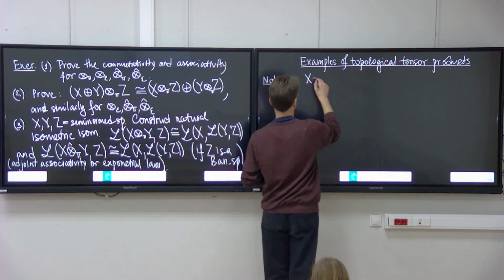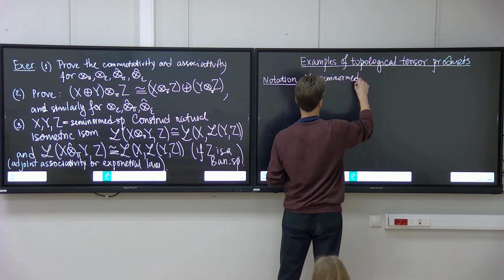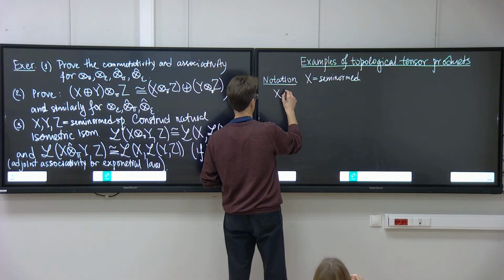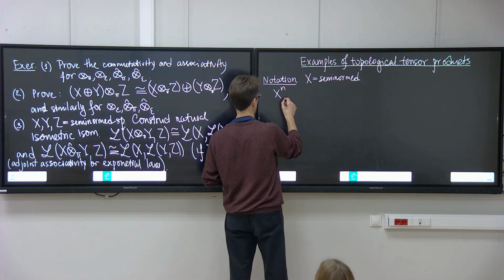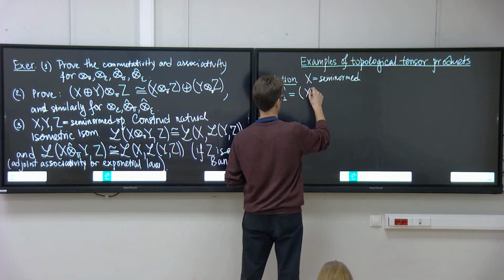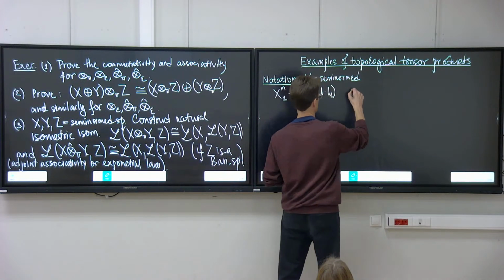Suppose that X is a seminorm space. Let's define by X^n with the subscript 1 the nth power of X equipped with the following seminorm.